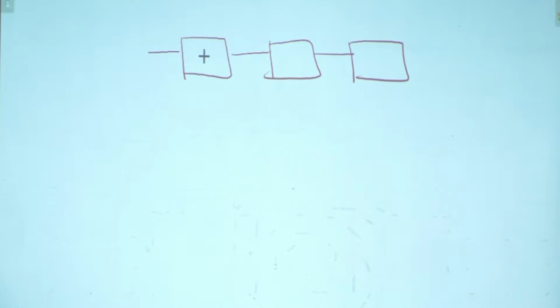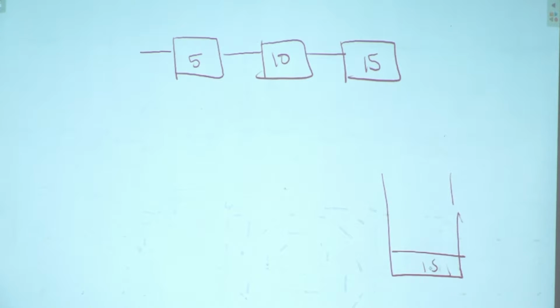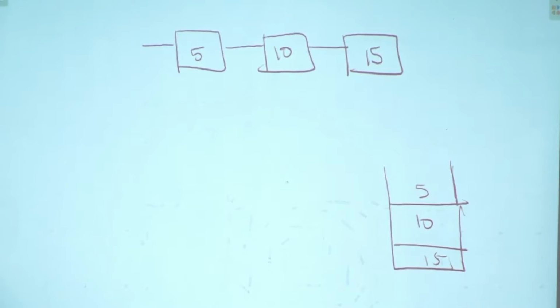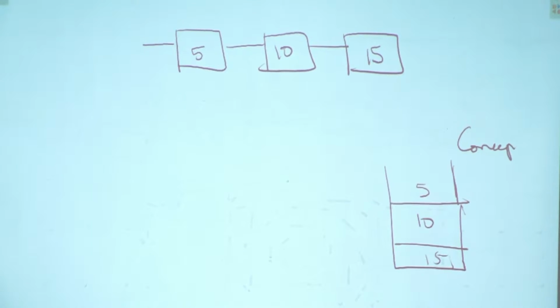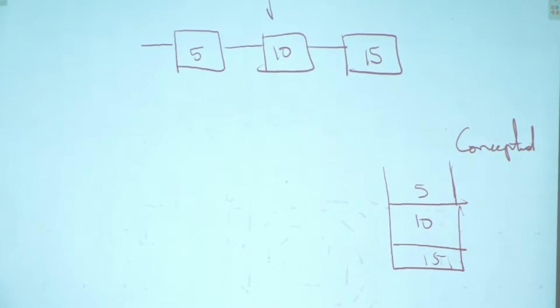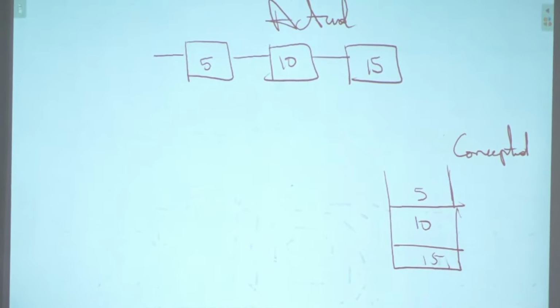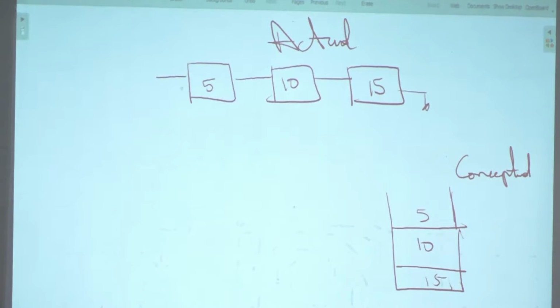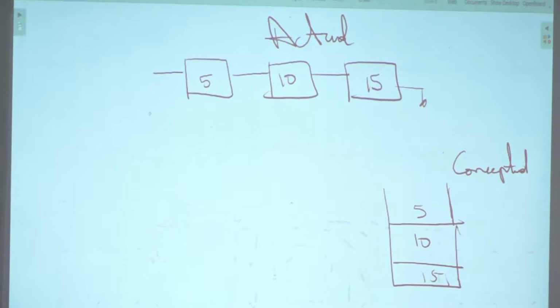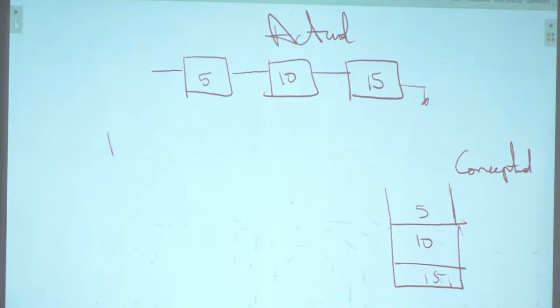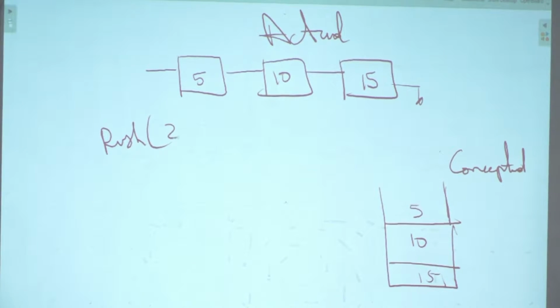So let's say my linked list is right now 5, 10, 15. Now its conceptual version would be 15, 10 and 5. This is the conceptual, this is the actual. Now, let's say I push 25.